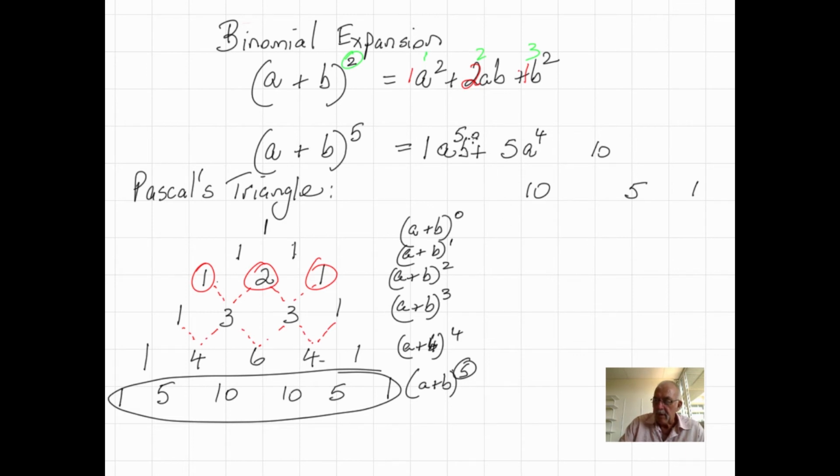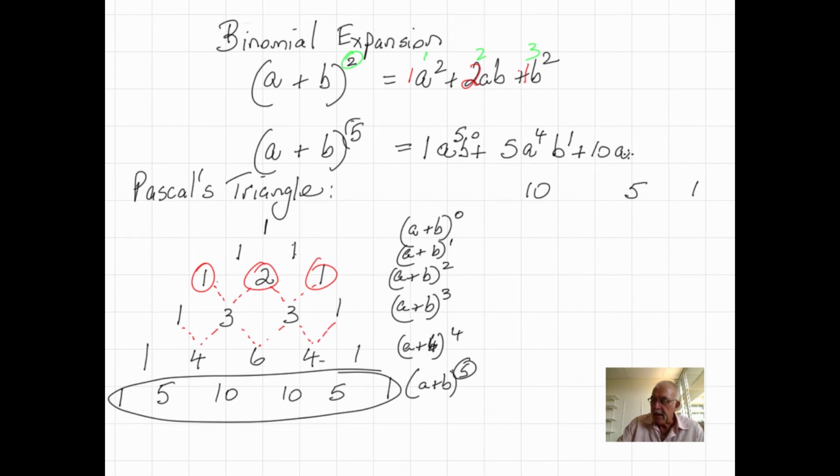So we've got b to the 0, and the powers of b now increase by 1. So we go b to the 0, b to the 1. And if you look, when you add the powers of a to the powers of b, you get the power for the expansion. So 5 plus 0 is 5, 4 plus 1 is 5, always 5 in here.